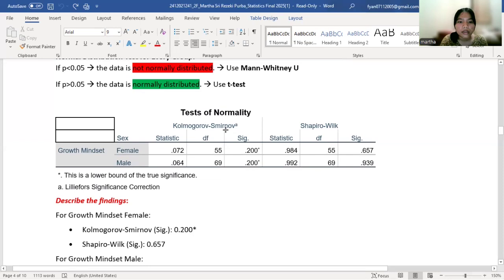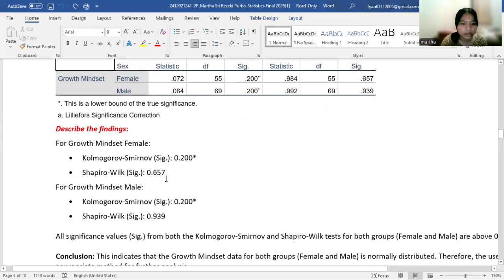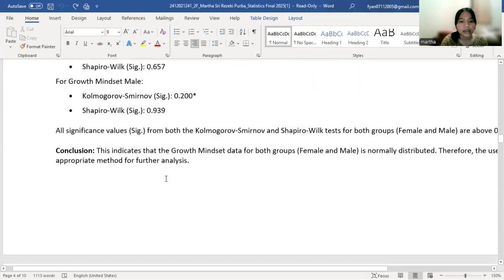In Kolmogorov-Smirnov, the female and the male are above 0.05, and also on Shapiro-Wilk is above 0.05, and it means the data is normally distributed.